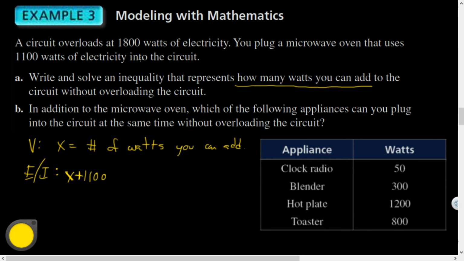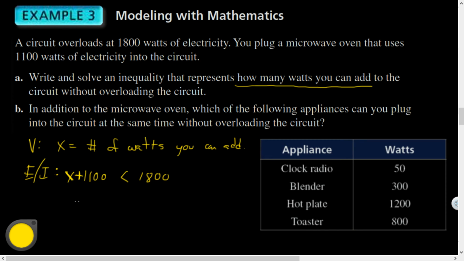And I know that it says the circuit overloads at 1800, that means I can't even equal 1800. So I'm going to stay below 1800 watts. I don't want the equal to part here. It'll be too late. So there's my inequality.